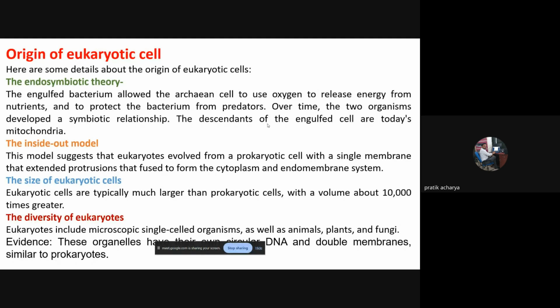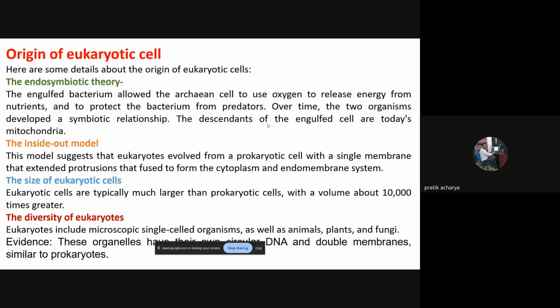And their ribosomes are 70S type, that is bacterial type, not like 80S, which is generally found in eukaryotic ribosomes. So these evidences support the theory of endosymbiosis.